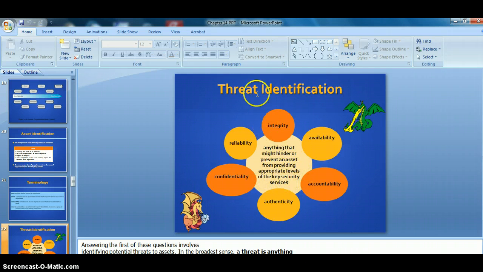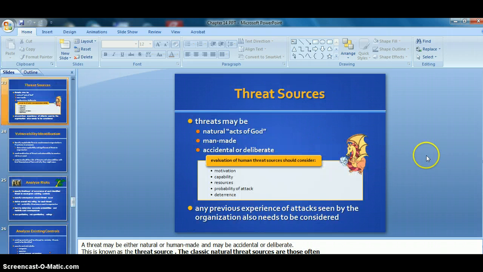It means a threat is anything that might hinder or prevent the assets, which we defined before, from providing an appropriate level of key security services. These are the key security services defined by the ISO standard: integrity, reliability, confidentiality, authenticity, accountability, and availability.